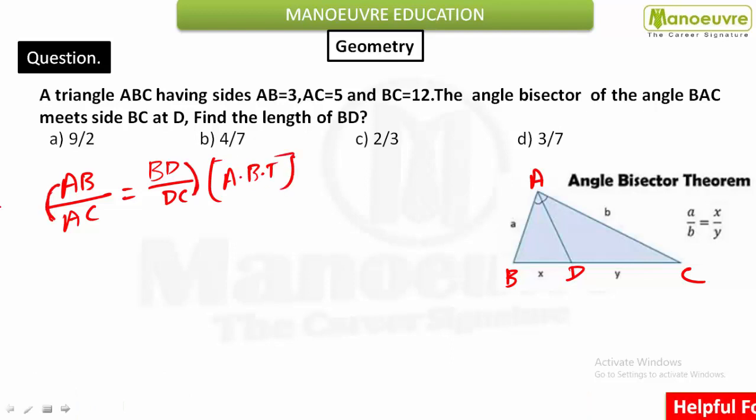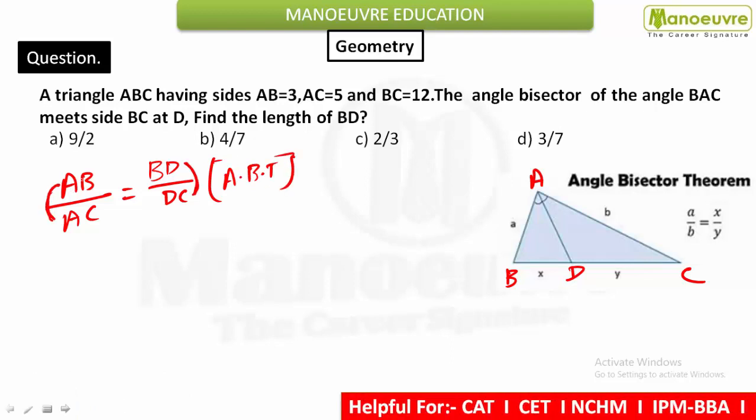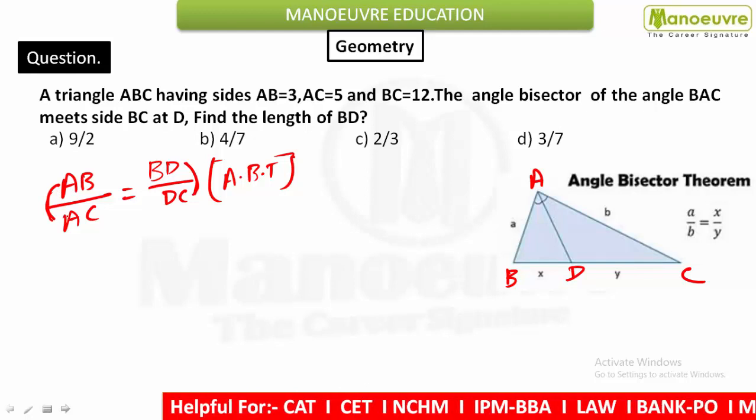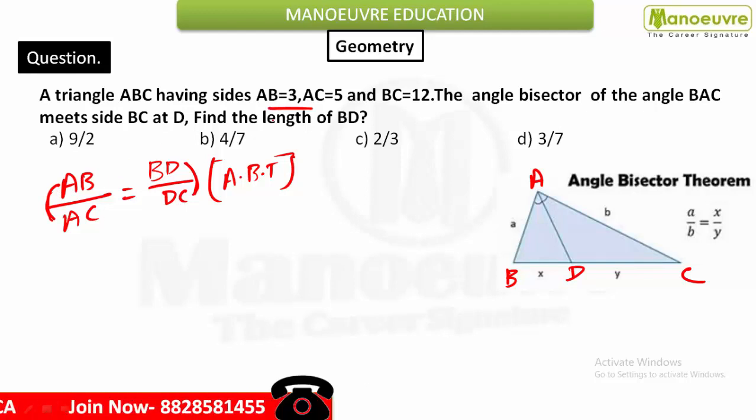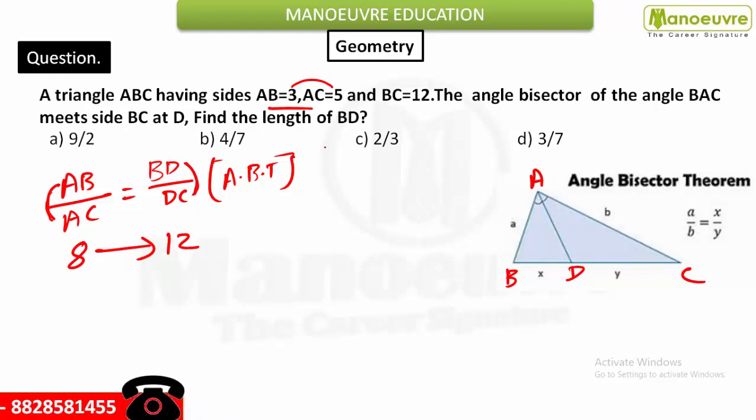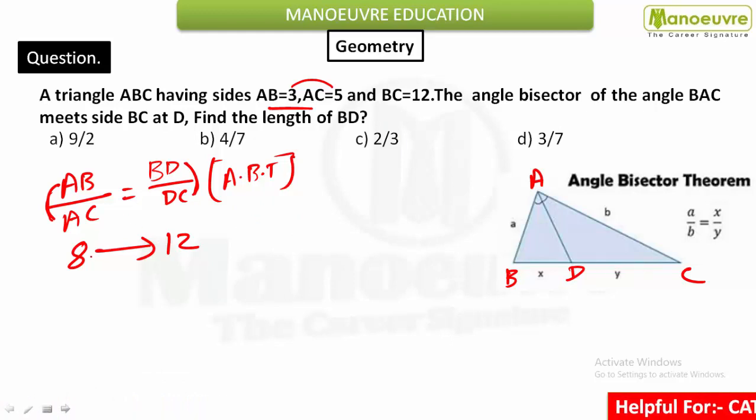And also I can say the sum of this ratio AB and AC will correspond to BD and DC. So here AB is 3 and AC is 5, so I can say that this 8 corresponds to this 12. Why 12? Because BD plus DC is nothing but BC. That is why I'm writing 8 will correspond to this 12.